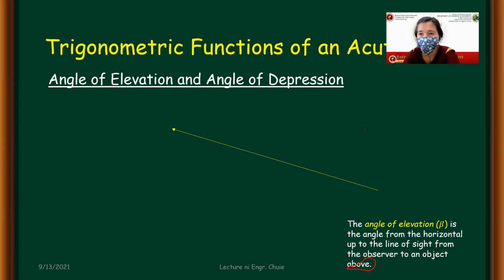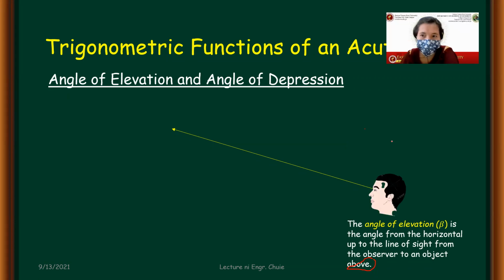If this is my horizontal line of sight, the angle of elevation is from this horizontal going upward. So the angle that is cast from this horizontal until I see the object above, that is the angle of elevation.